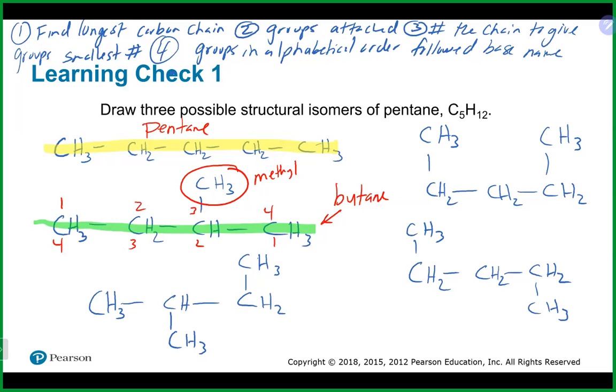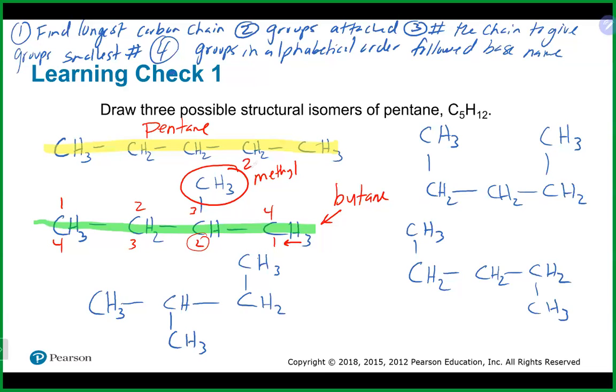Which way gives it the smallest number? Right to left. So we would want to number in this direction because it gives that group a smaller number, and it is as simple as 2 is smaller than 3. So that is 2-methyl is what that is referred to.